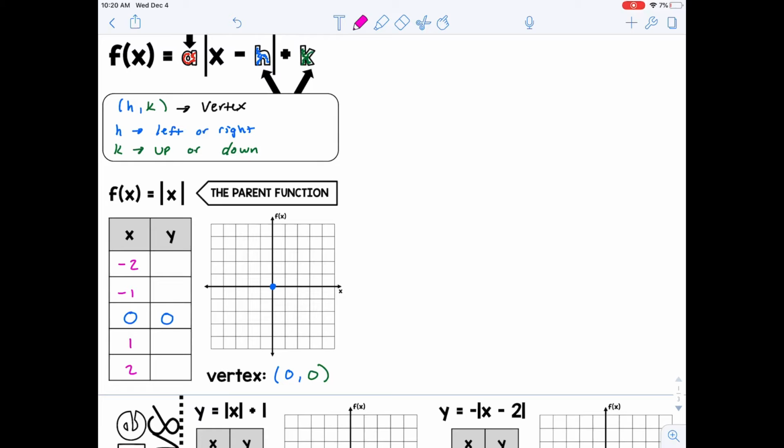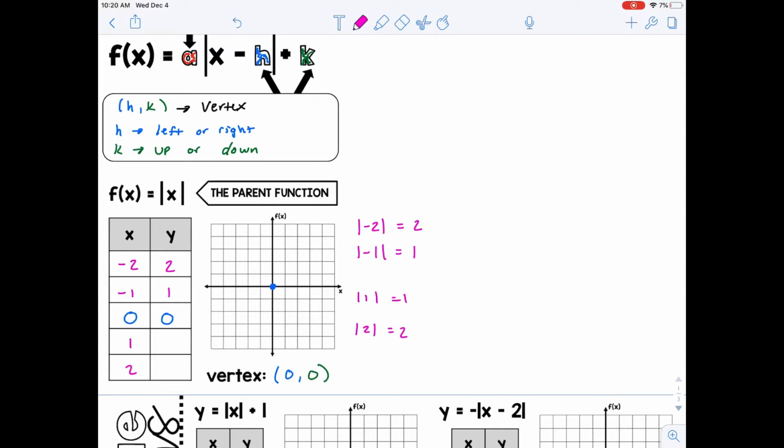So now I'm going to find, if I plug -2 into that equation, the absolute value of -2 equals what? Absolute value turns everything positive, so it equals a positive 2. If I plug a -1 in, the absolute value of -1 is positive 1. If I plug a positive 1 in, that's also going to give me 1, and a positive 2 is going to give me 2.